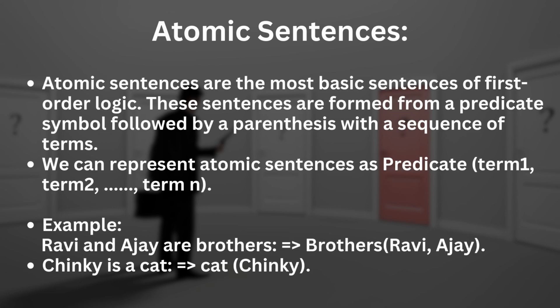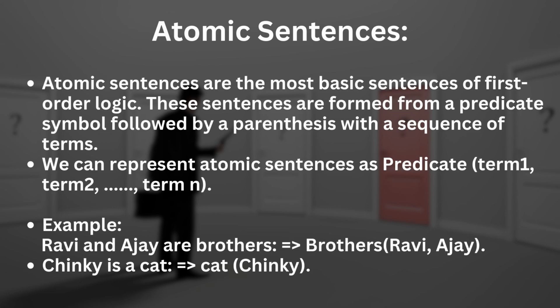For instance, the statement Ravi and Ajay are brothers can be represented as brother, inside the parenthesis we can write Ravi comma Ajay. The statement Chinky is a cat can be represented as cat, inside the parenthesis we can write Chinky.